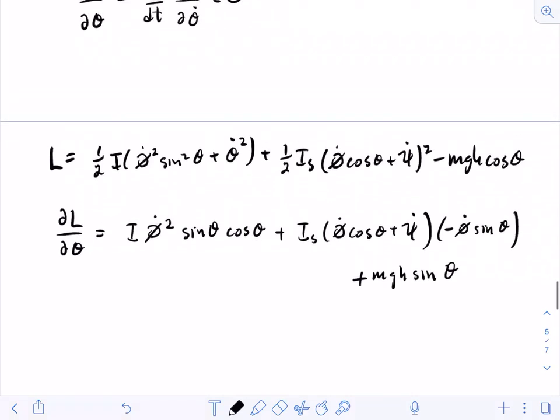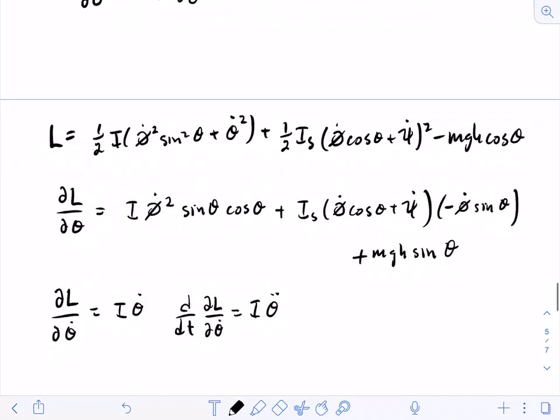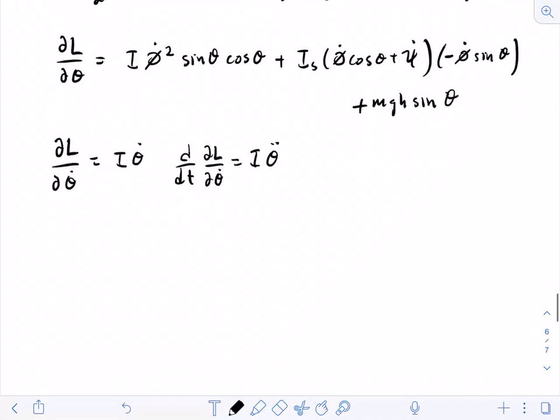Okay, dL d theta dot is, I guess we have only one theta dot. Is that right? Yes, so we get an I theta dot. And so that means that d by dt of dL d theta dot is going to be I theta double dot.